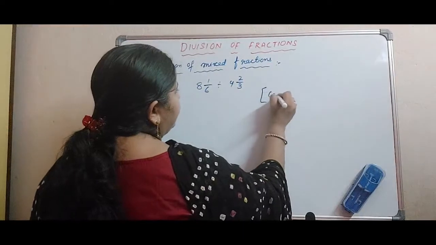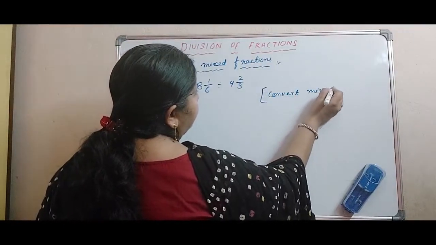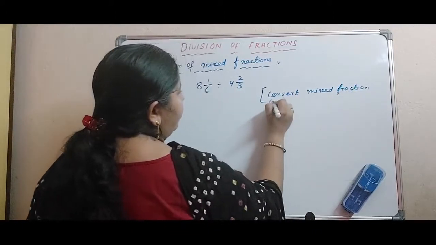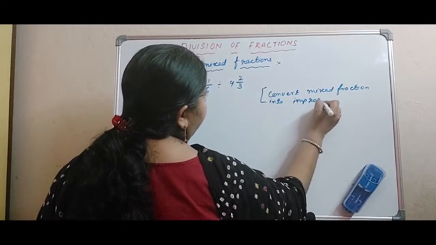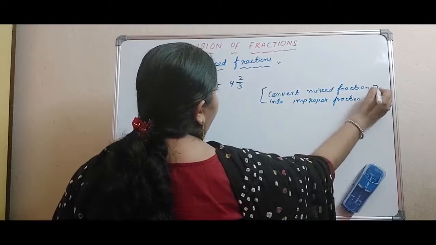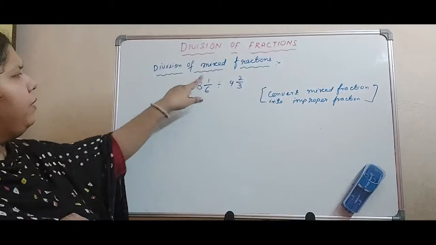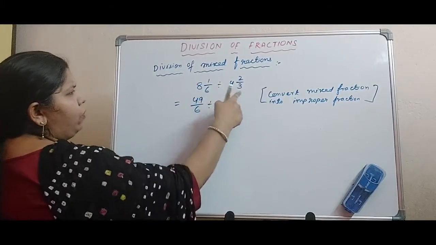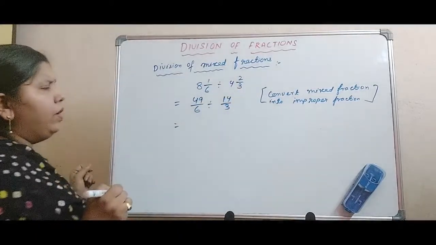First step will be convert mixed fractions into improper fractions. This is the first step we have to follow. So 8 into 6 is 48 plus 1, 49 by 6, divided by 4 3s are 12 plus 2, 14 by 3.